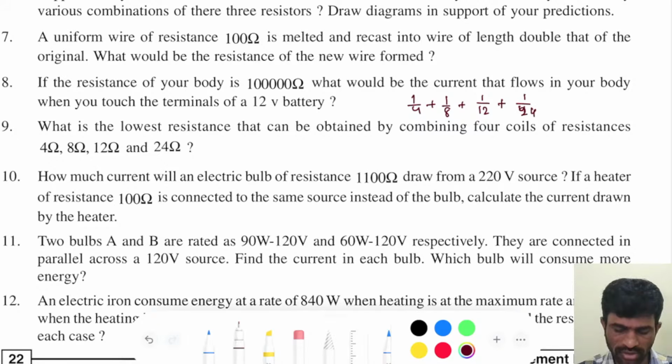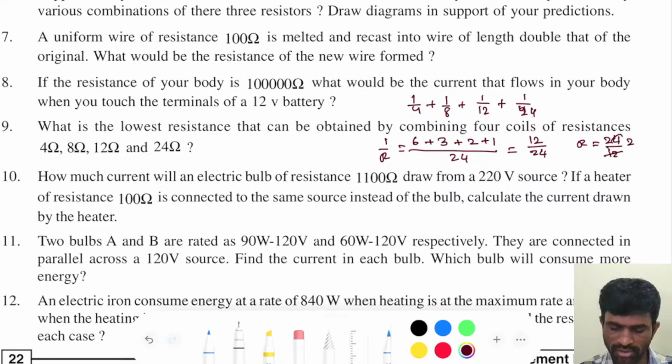LCM is 24. Then it is 6 plus 3 plus 2 plus 1 by 24. So it is 12 by 24. This is 1 by R. Then R is equal to 24 by 12, so 2 ohms. So when you connect them in parallel, we get 2 ohms resistance.